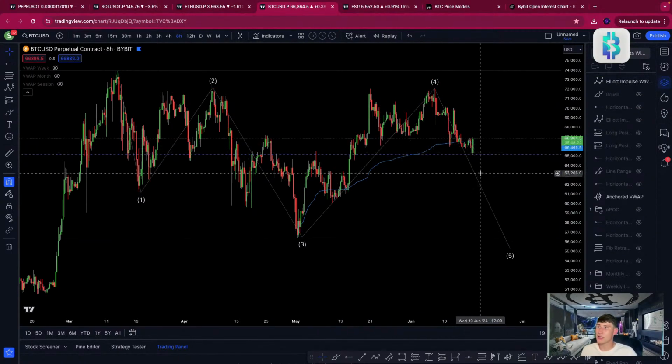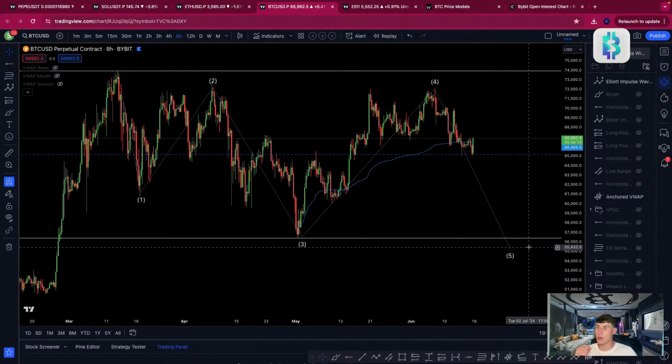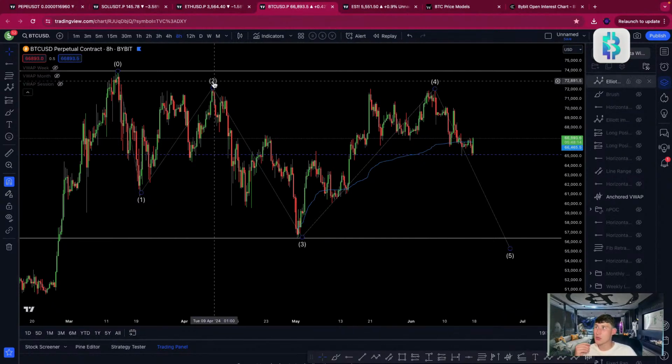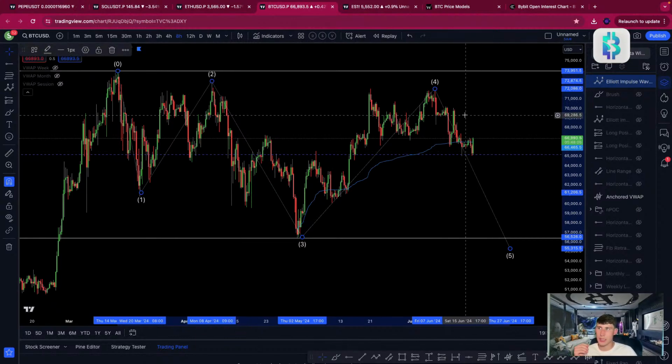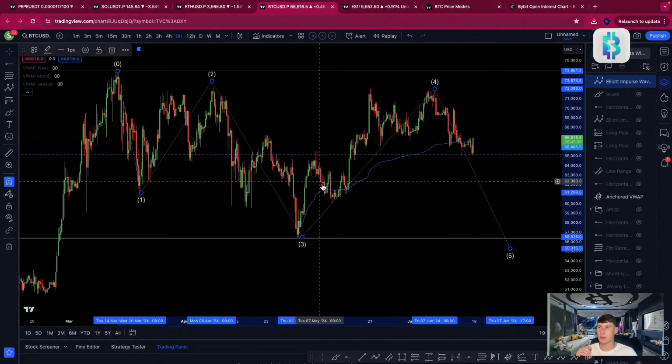I do still think this is a possibility, coming down below $56,000, unless we get above this wave 2 here at approximately $72,820. If we get above that, then that's going to invalidate that for me, and I can happily say I'm not looking at this anymore. I'm not looking for a move down to 56,000.